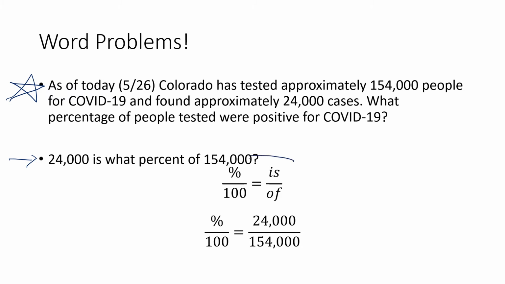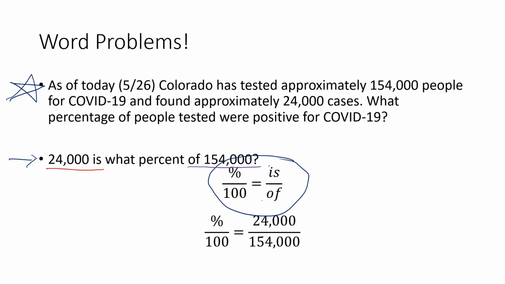And the easy way to think about this, again, because percents can be written over 100 as a fraction, is this formula right here. Percent over 100 equals is over of. Okay, well, percent over 100 makes sense, but what on earth is and of? Is and of refer to which numbers are right next to is and of. So in this case, we have 24,000 is what percent of 154,000.